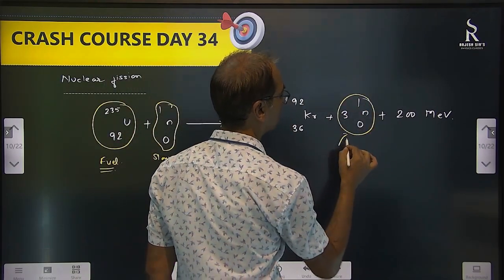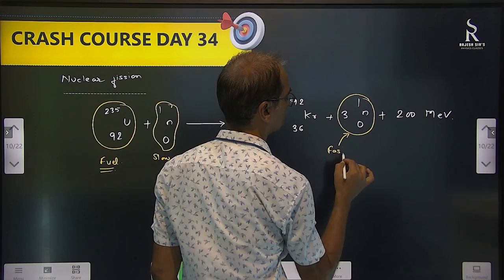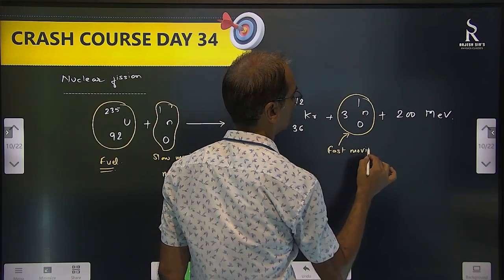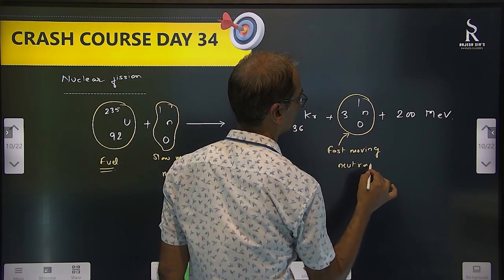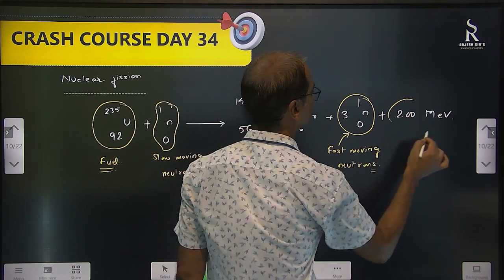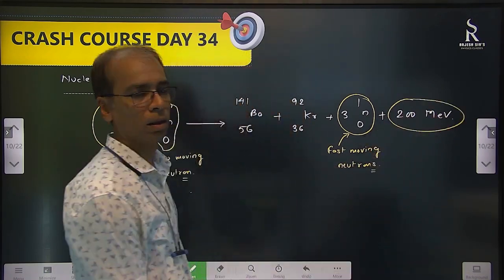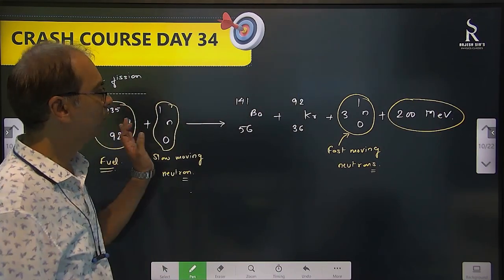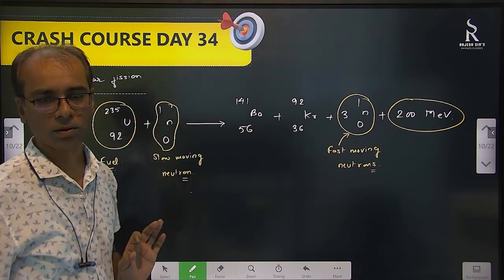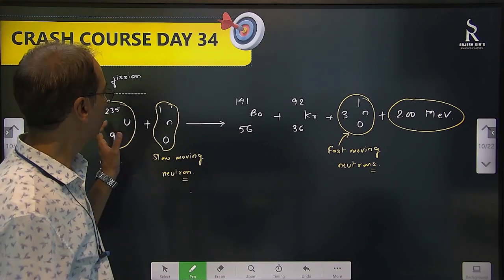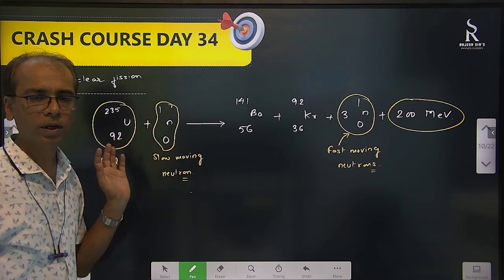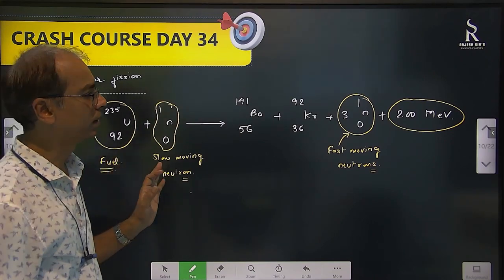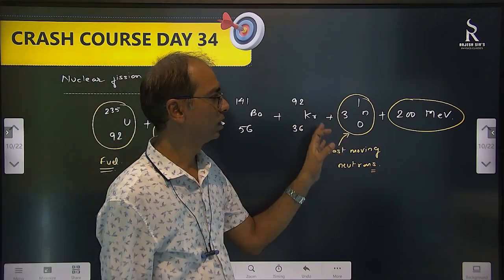Now these are fast moving neutrons. And this is the energy. This process we do in a nuclear reactor. This is the fuel, and to start it we bring this slow moving neutron, and after that we have to sustain the process with these neutrons.